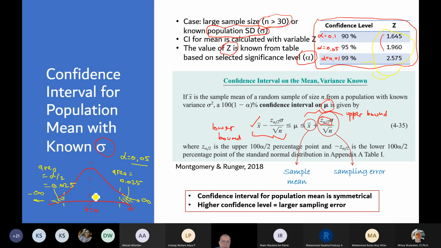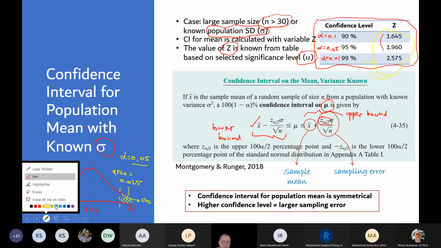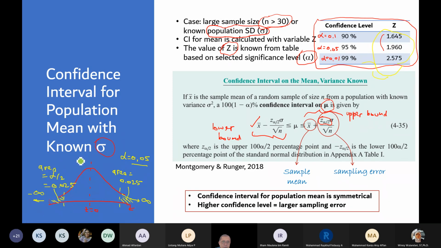So for example, let me write it down with a different color. Let's say we want to work with alpha 0.1.